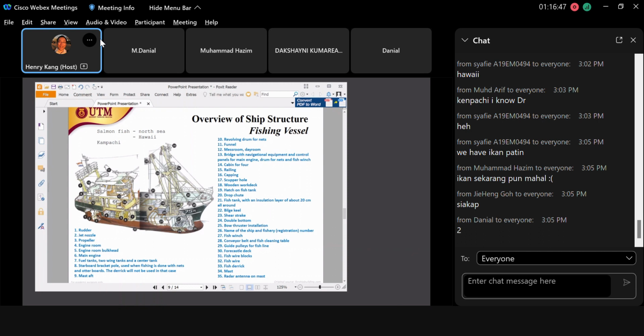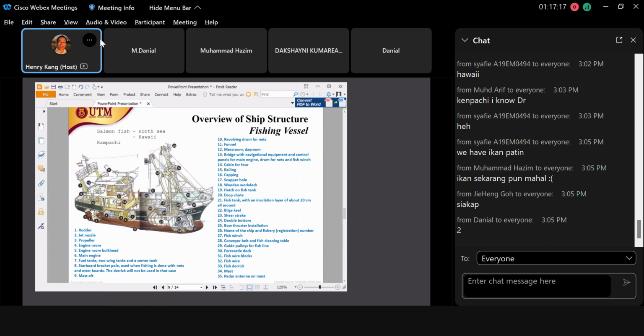But in Malaysia, our fishing boat is relatively low tech. And because of some pantang larang, the modernization is difficult, as some fishermen have their own belief, so it's very difficult for us to change their design.